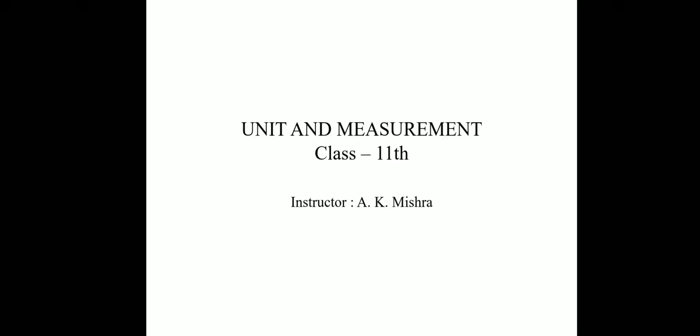The 7 fundamental physical quantities are mass, length, time, temperature, electric current, amount of a substance, and luminous intensity. In addition to that, we have also seen 2 supplementary quantities, which are radian and steradian.